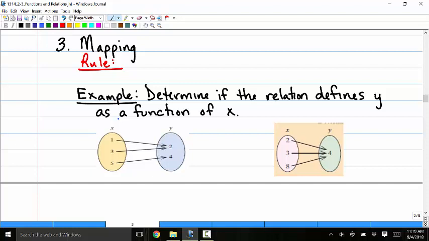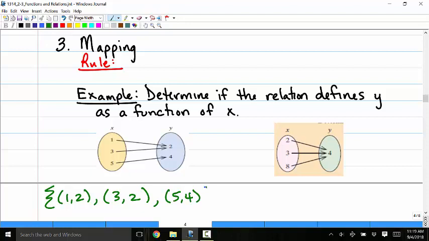Could you give me the list of ordered pairs from this mapping? What would the ordered pairs look like? This is kind of an aside. You'd have 1, 2, you'd have 3, 2, and you'd have 5, 4. Do the x's repeat? So is this first one a function? Yes, this is a function.